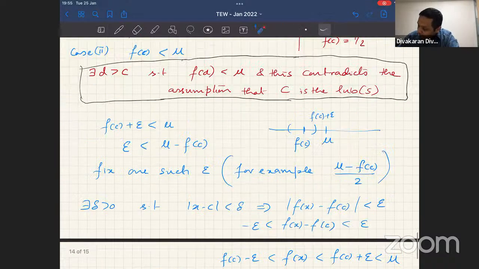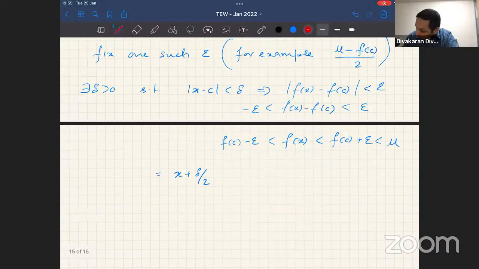This d is what I'm trying to define. So how am I defining d? I'm defining d to be equal to c plus delta by 2. Sorry, I'm really sorry. So d is equal to c plus delta by 2, which is strictly greater than c.